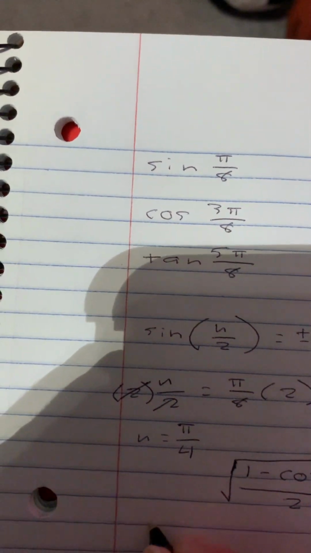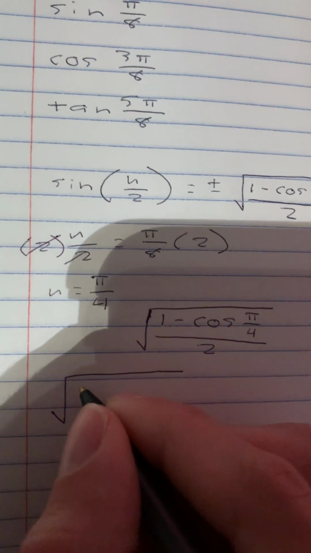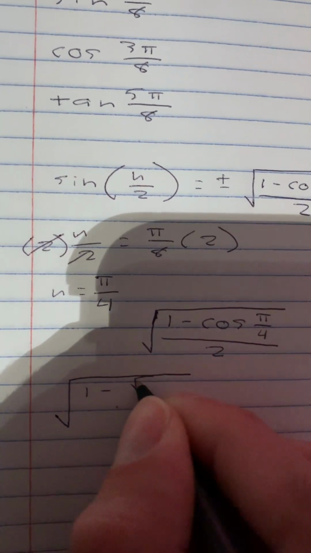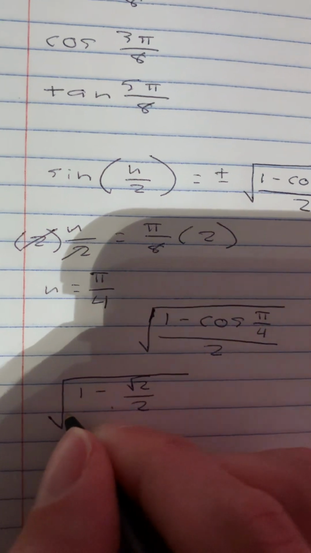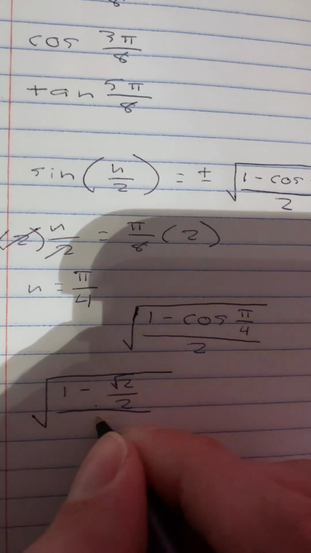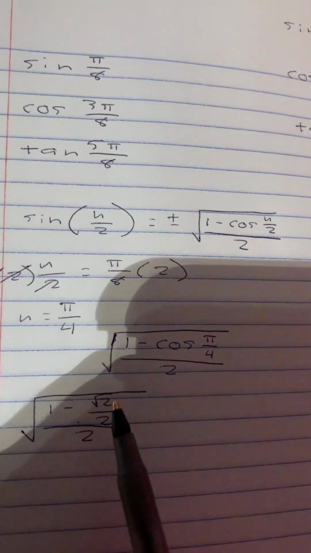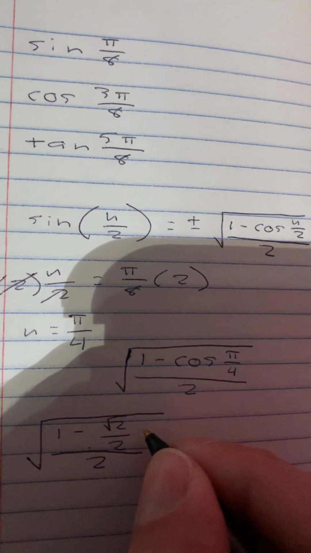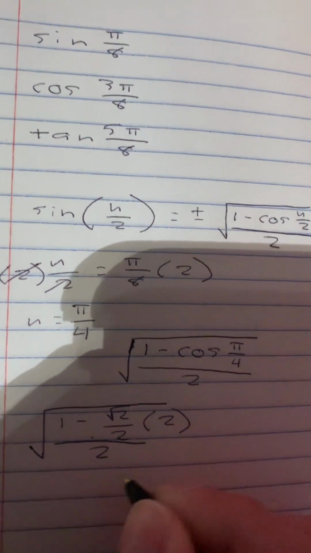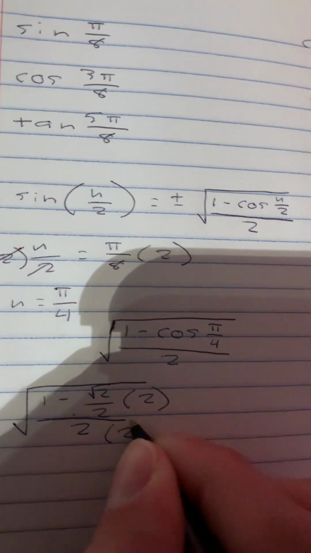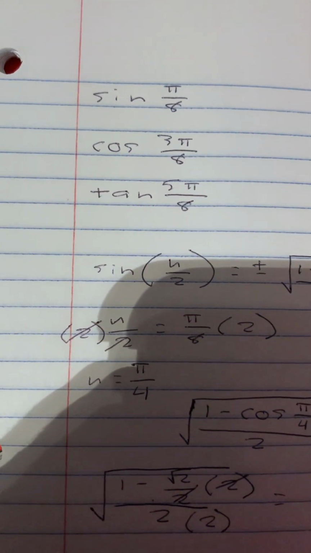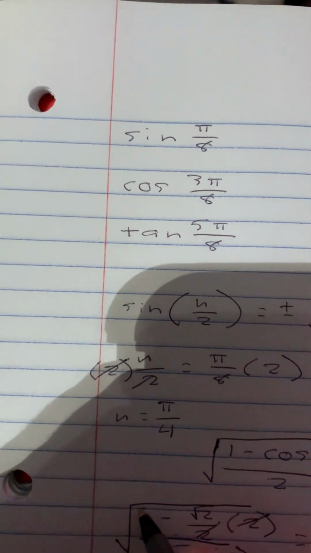So I get the square root of 1 minus the square root of 2 over 2, which is indeed the exact value of the cosine of pi over 4. All of that business over 2. And we're now in a complex fraction situation here, so we multiply top and bottom by 2, right? And that's going to give me 2's cancel here. And I got to be careful because this whole entire thing is being multiplied by 2, right?